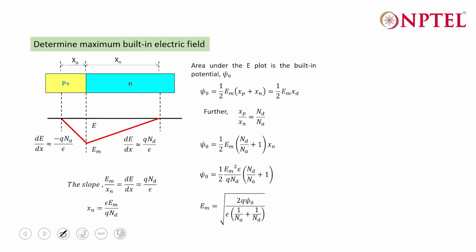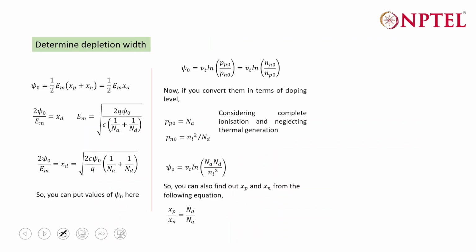I also have discussed the built-in electric field and the expression for maximum built-in electric field. So here again is a kind of detailed analysis of the same. And thereafter, I also have discussed the depletion width and the physics associated with the depletion width.